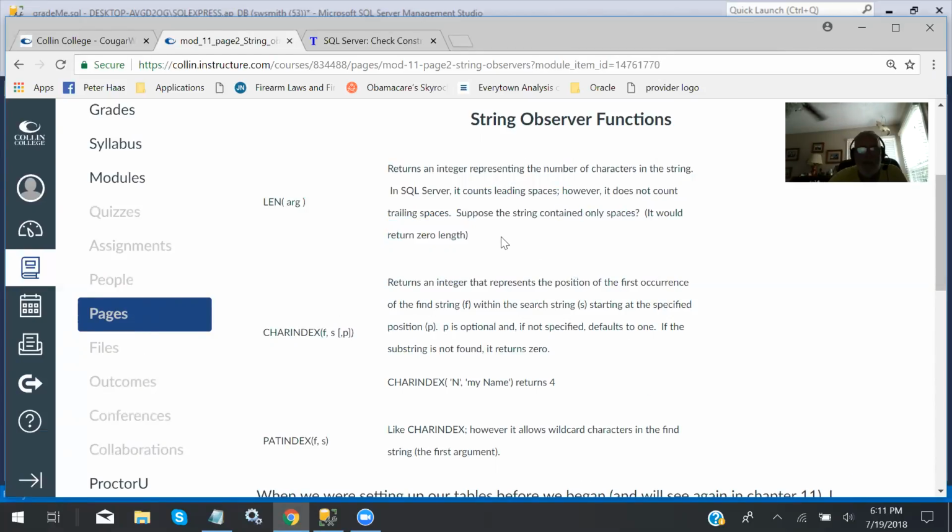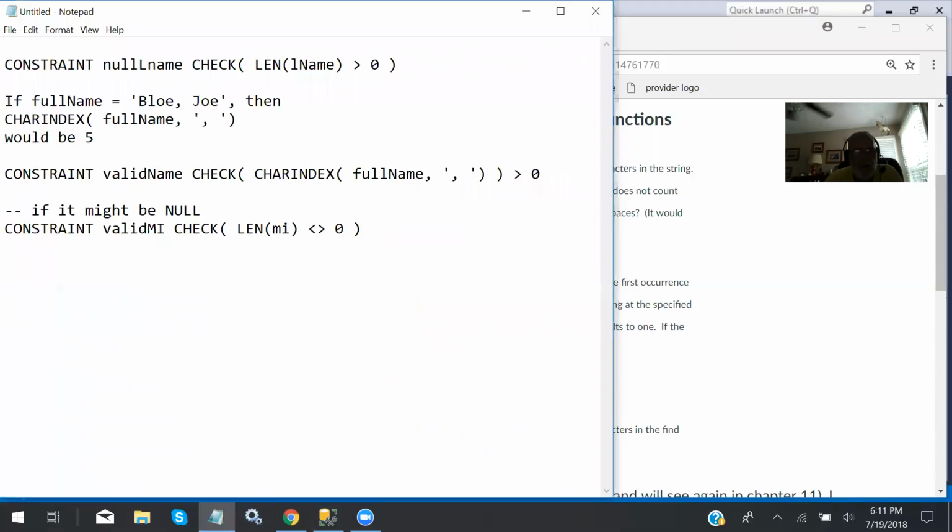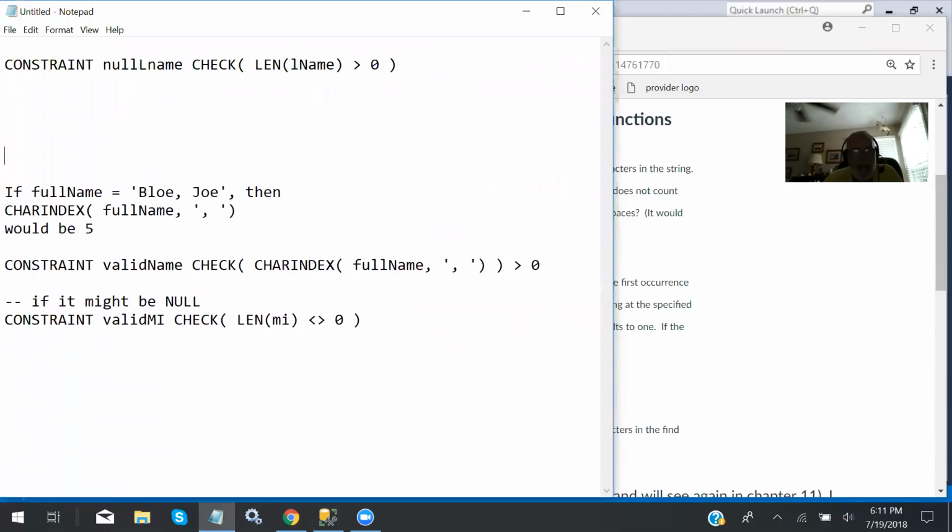Now, how can we use this effectively? What is the use for LEN that we have seen? Many times we would prefer that if you have a name, I want your name to have at least 1 character in it.